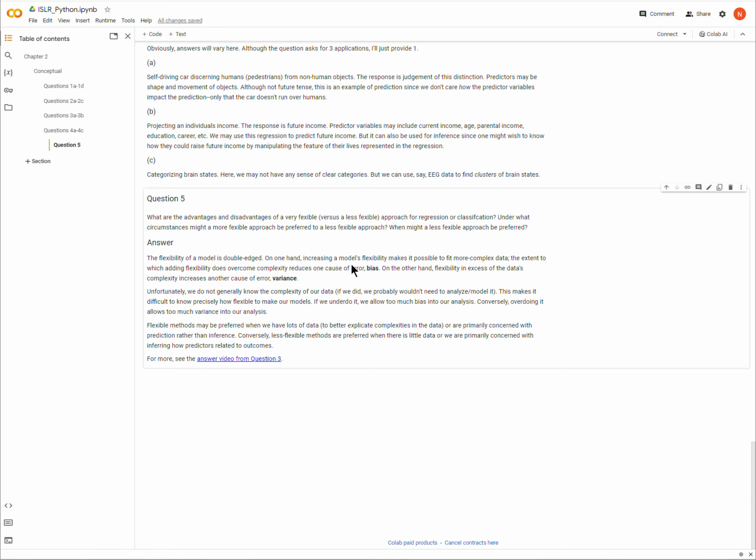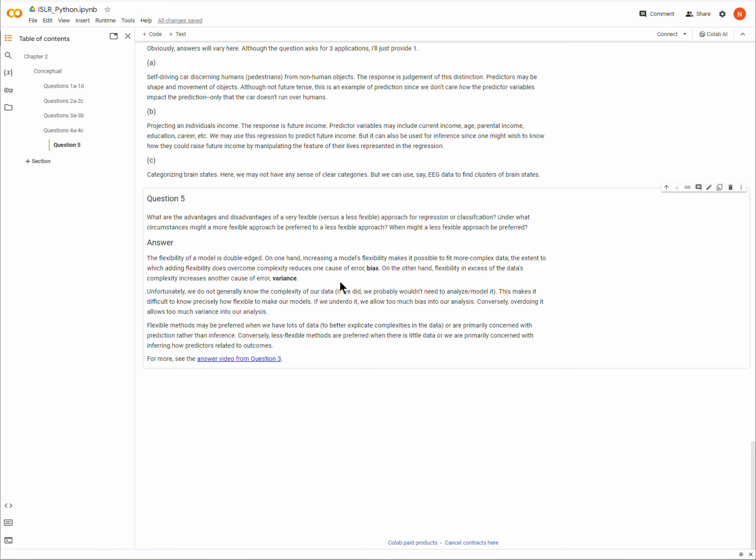And the flip side of that is if we have less flexibility than what the data may call for, then we are increasing the bias of our analysis. Now, the unfortunate thing is that, almost by the very definition of why we collect data, we don't really understand the phenomenon about which we're collecting data, so we don't know the appropriate level of complexity in a model.